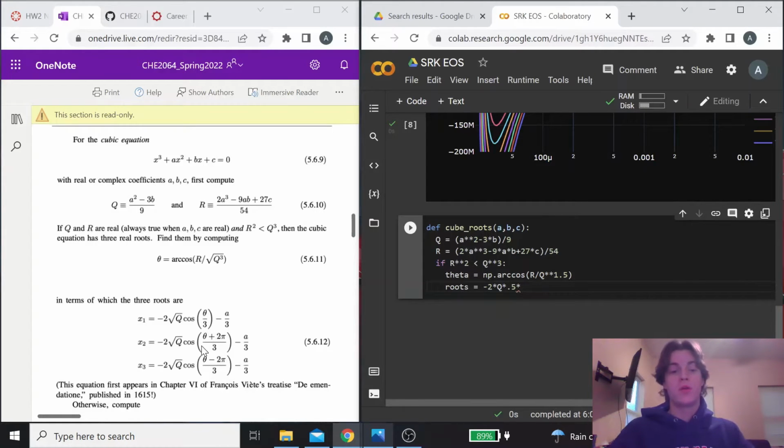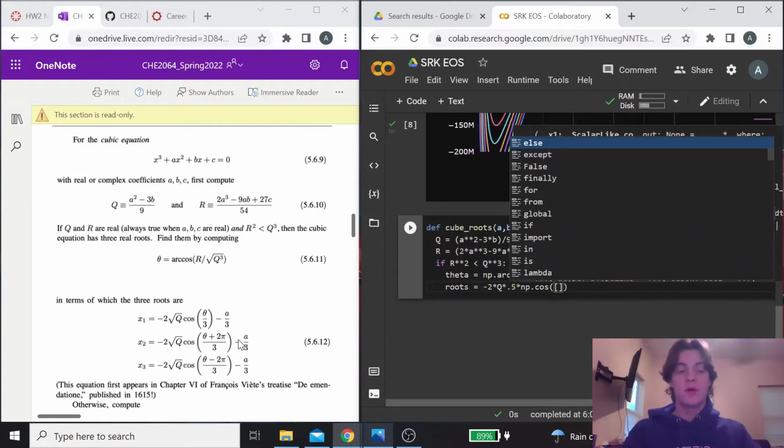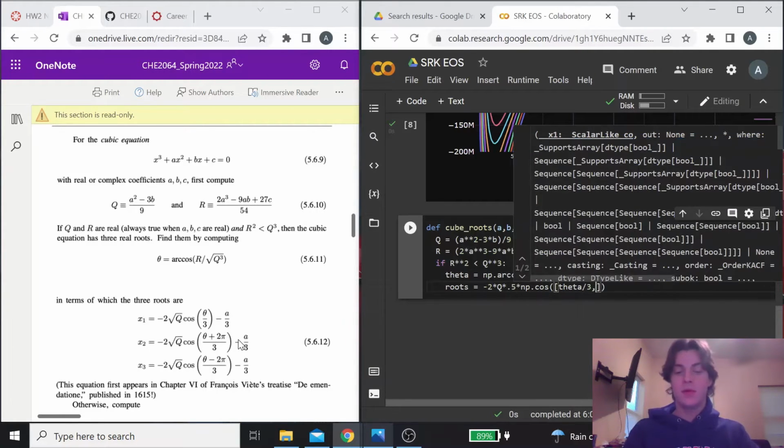So I'm going to code the outer part of the root equation, and then inside the cosine I'll use a numpy array to put these 3 values. Our first value is theta divided by 3. Our second value will be theta plus 2 times pi over 3. And our third value will be theta minus 2 times pi over 3.